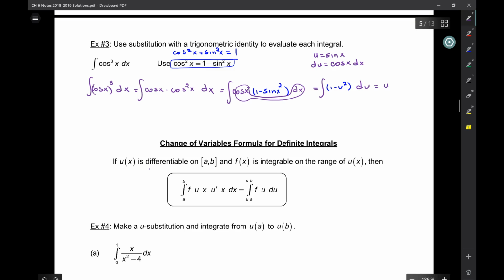That's going to be u minus u cubed over 3 plus c, because the antiderivative of 1 is u. And then that's going to be sine of x minus sine cubed of x over 3 plus c.